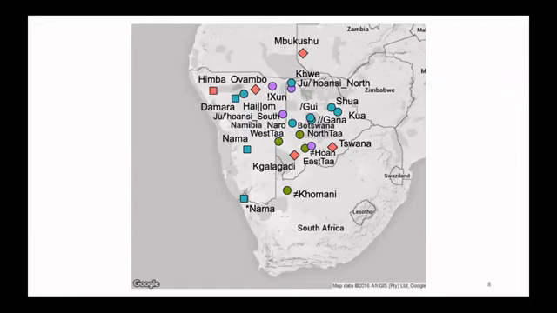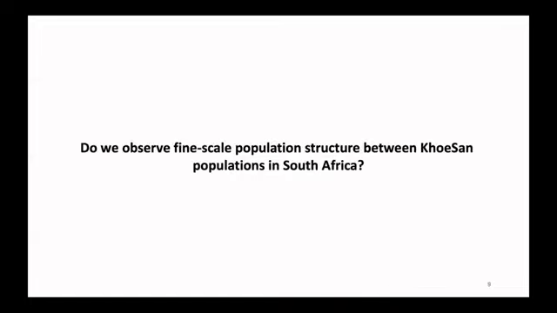One or two of the populations that I'm particularly interested in are the Nama in the Richtersveld, so northern South Africa, and the Komani in the Greater Upington region. Because of their shared history, one of the initial questions that I was tasked to answer was, is there fine-scale population structure between these two populations?